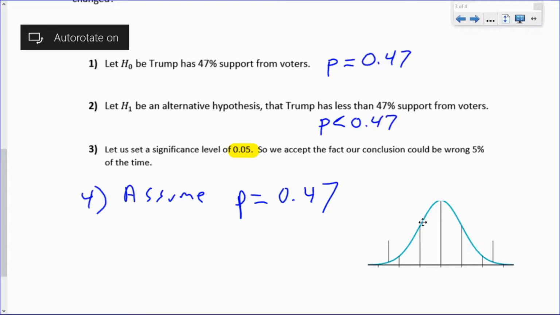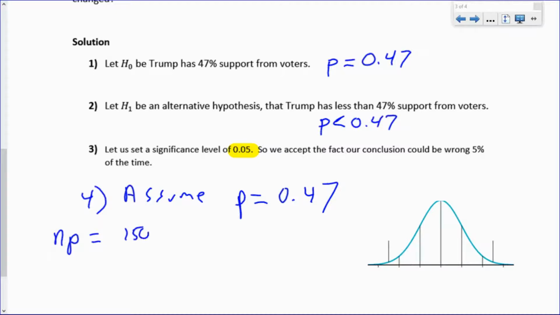Okay, so we would expect that if Donald Trump has 47% of support, we can look at np, which is the expected number of people that would choose Donald Trump in the survey. That's 1,500 times 0.47, which works out to 705.